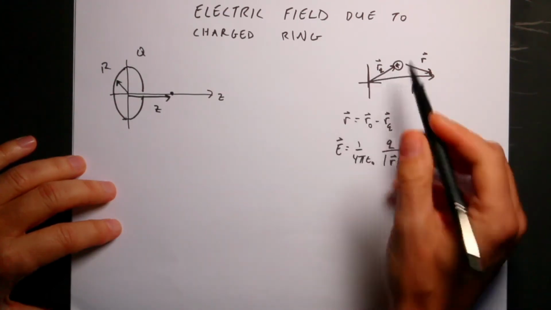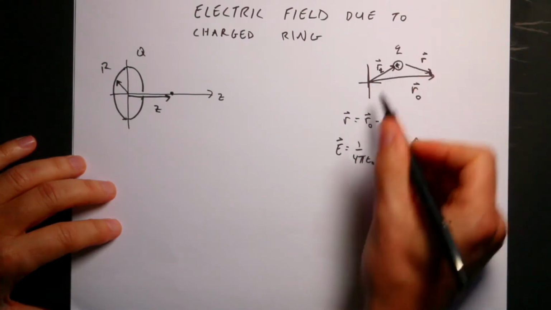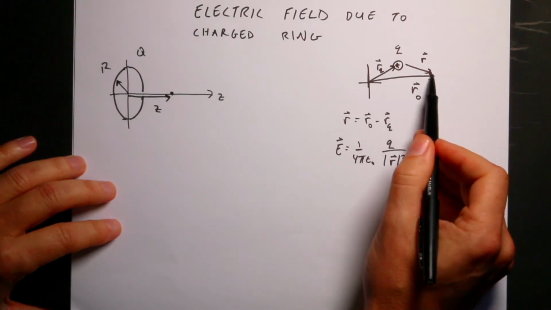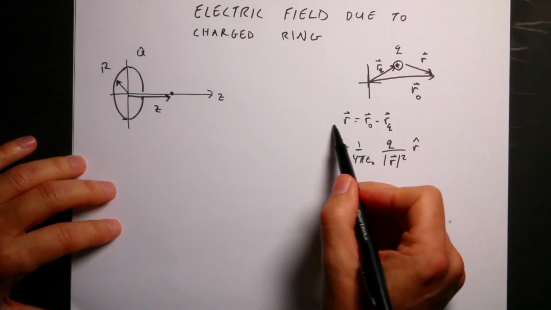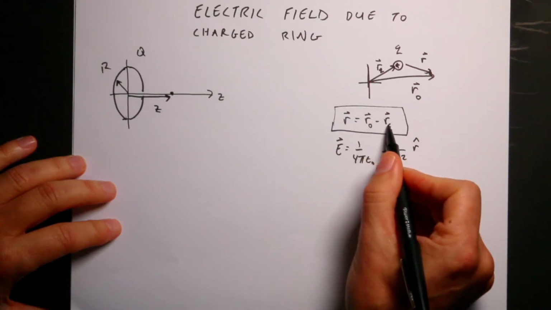Just as a review, if I have some charge q at a location rq from the origin, and I want to find the electric field at some other place, ro, the observation location, I can find the vector r from the charge to the observation location. It's the final position, ro, minus the initial position, rq.